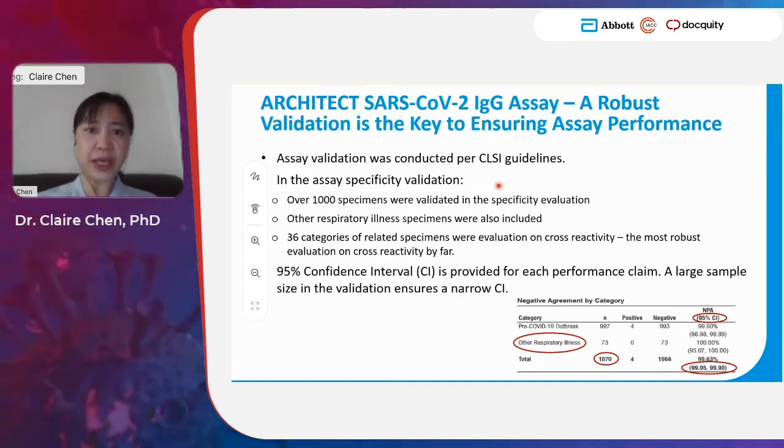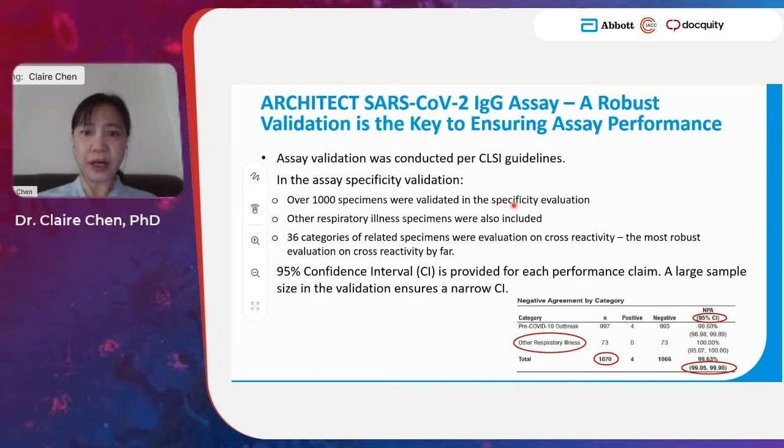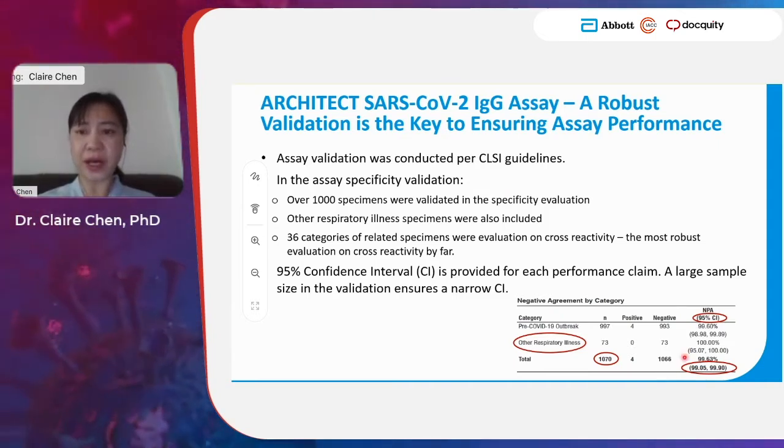Especially in the assay validation, we have validated over 1,000 samples on the specificity and other respiratory illness. The number of samples in the assay validation is really important, because if you validate more samples, it will give you higher confidence that the results are reliable.